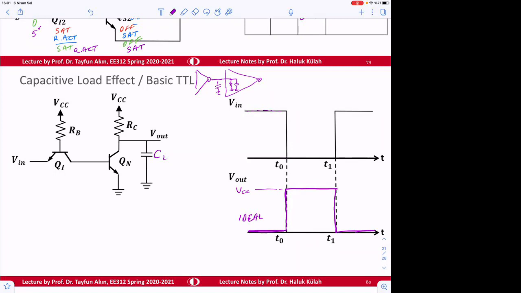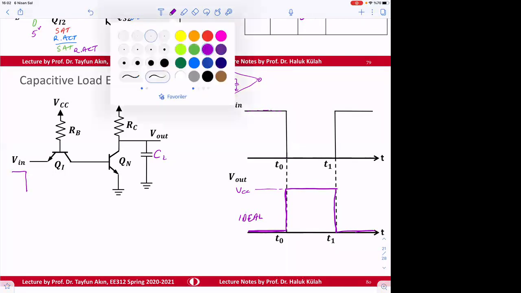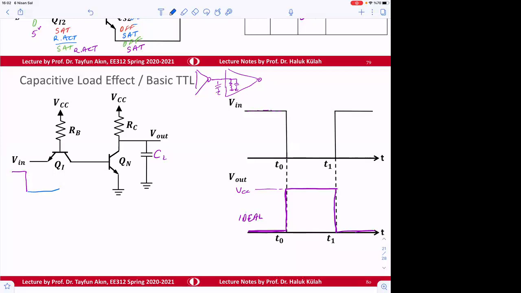However, this does not occur so fast. Normally, let's say your voltage here was high and then goes low, to blue. When this goes to blue, what happens?